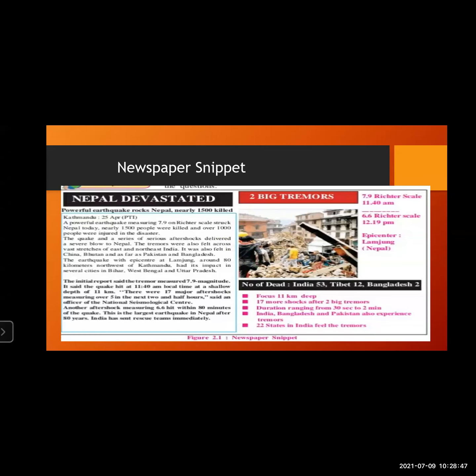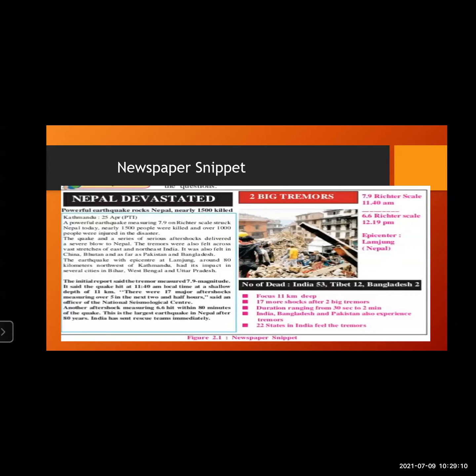We have also done the newspaper snippet. This was an article from one of the newspapers about how Nepal was devastated, and we have gone through the article. We have seen what the measurement was according to the Richter scale when the earthquake occurred.